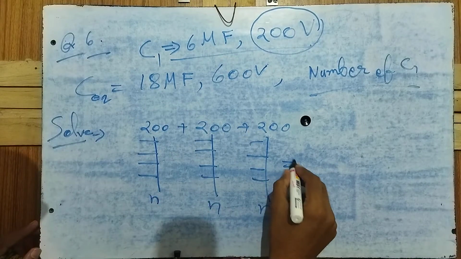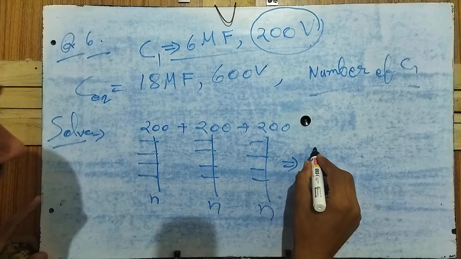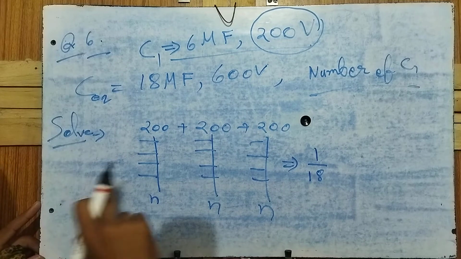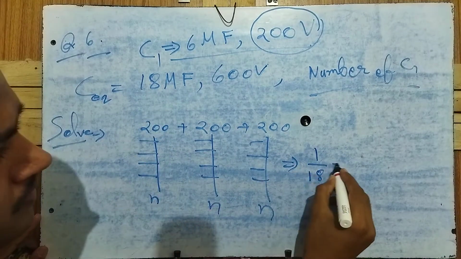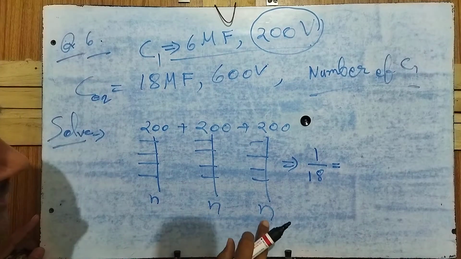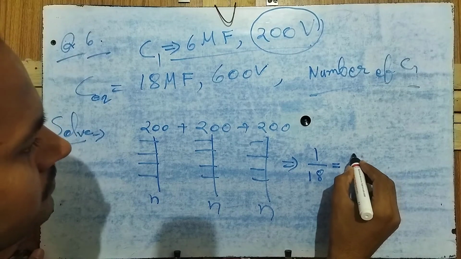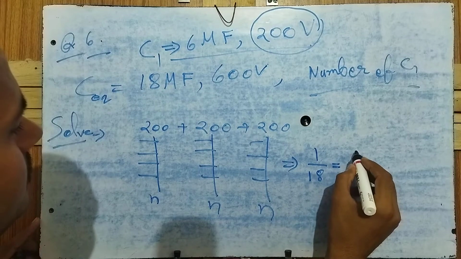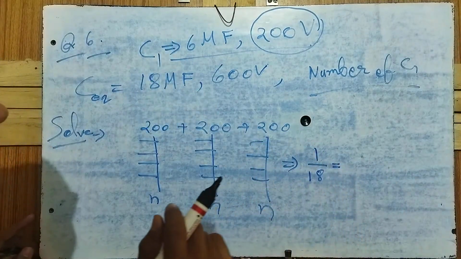So for 18 microfarad, consider 1 by 18, right? In series, parallel it will be added, right? In series, this is 1 by n, 1 by n, 1 by n, right? So this is 3 by n. Sorry, C1, right?